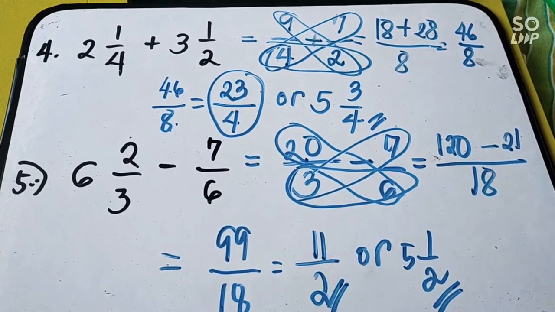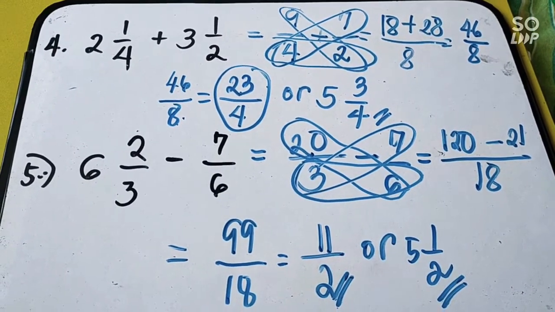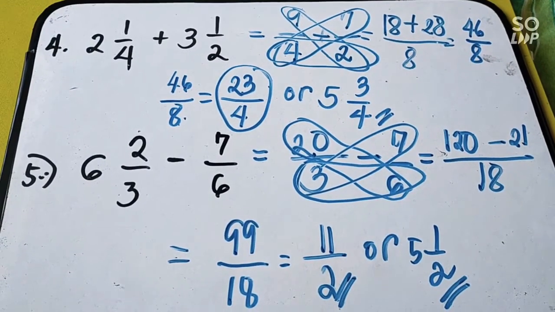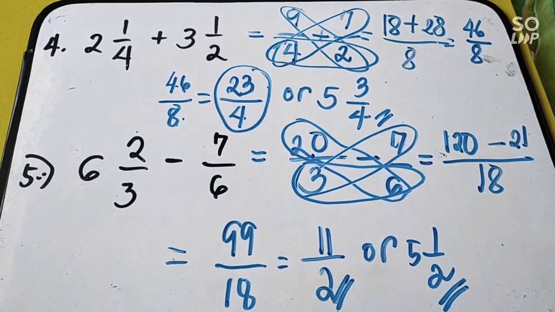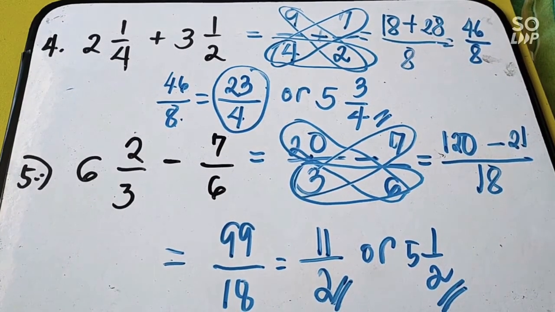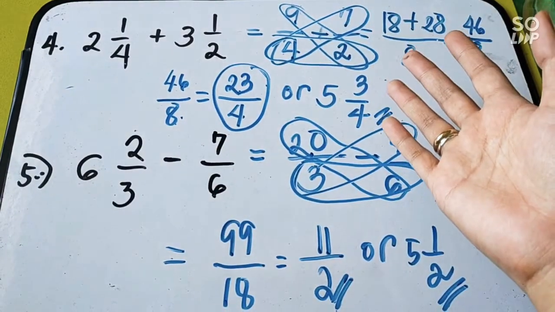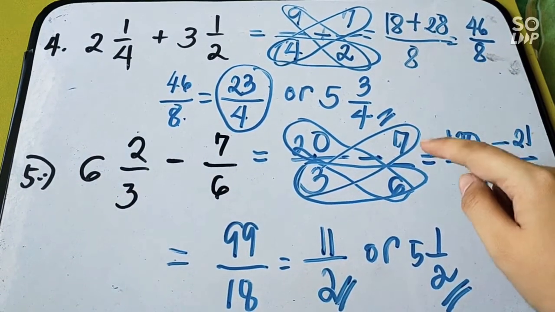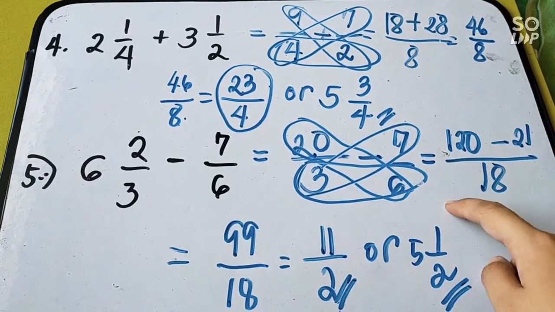So, that is how we are going to add and subtract fractions. Whole numbers and fractions, mixed numbers and fractions, and a whole number. Is it clear? Basta kapag mixed number siya, change it into improper fraction, then go to your butterfly method.